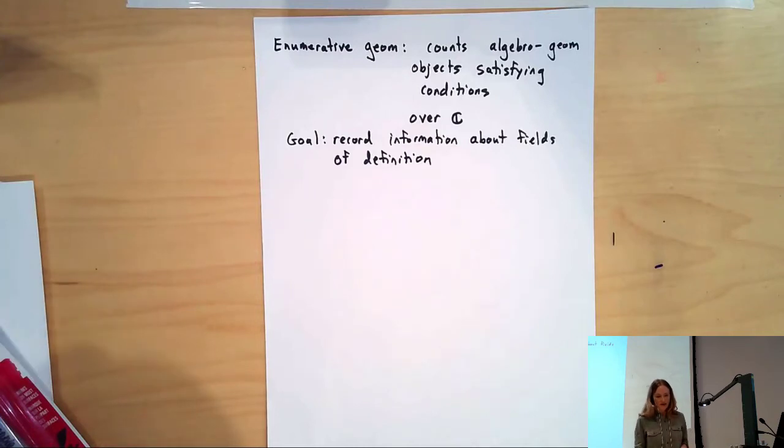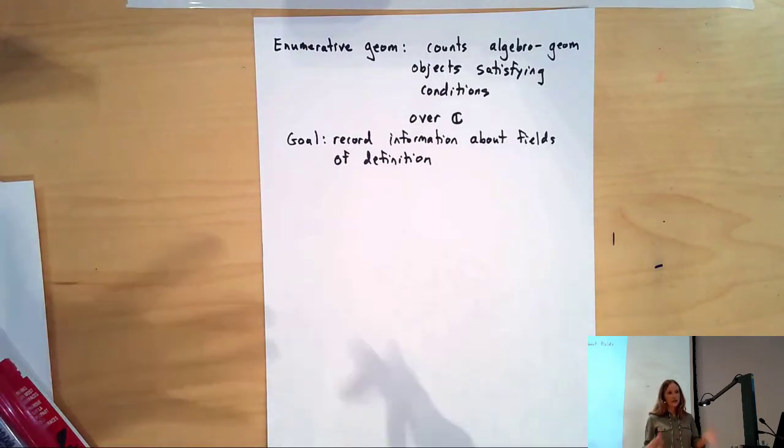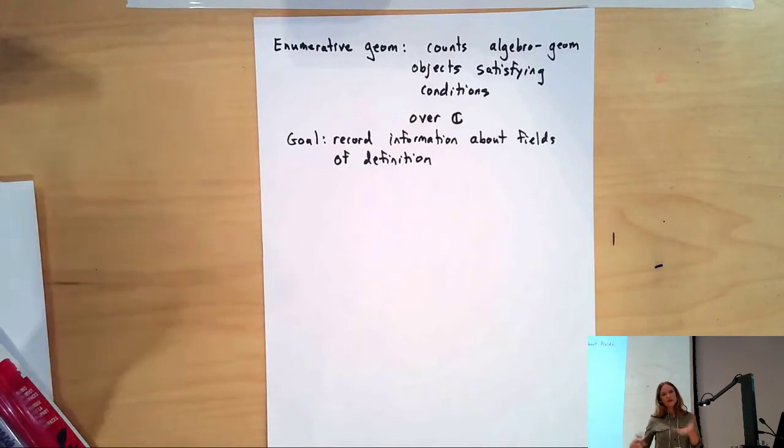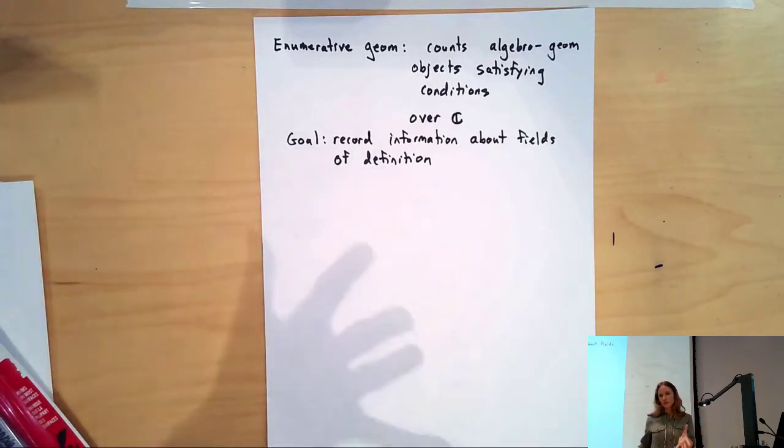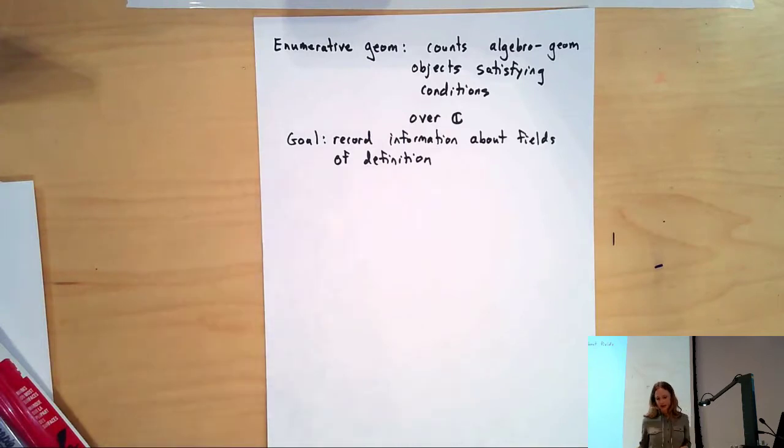So instead, we're going to cook up various weights associated with the fields of definition and the other data. And instead of an invariance of number principle, we're going to have an invariance of bilinear form principle, or in characteristic not 2, that's the quadratic forms we were just talking about, but we'll work over a field.